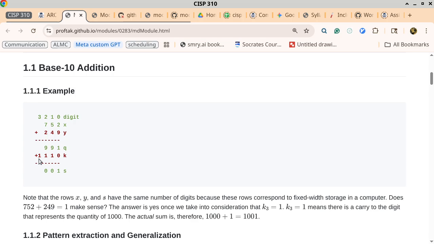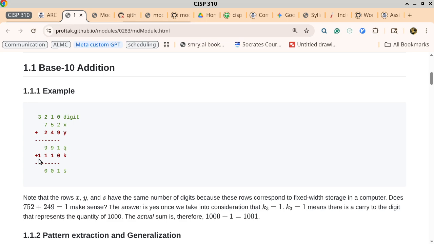So digit 3 tells us the quantity of, in this case, base 10, so it would be the number of 10 to the 3, which is also 1,000, right? So that means the overall carry is a 1. That means we have 1,000 coming from this overall carry, which is not considered a part of the sum. There's a reason why that is the case. And then we add the 1 to it, which is 1,001.